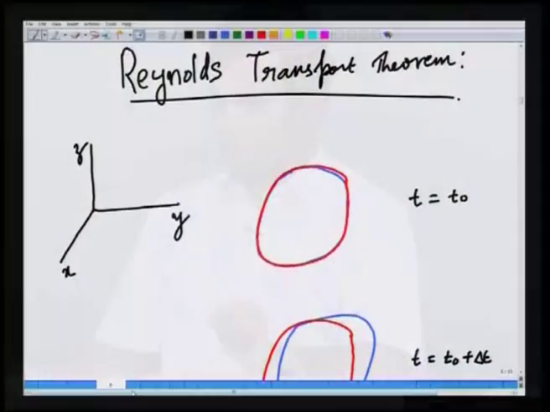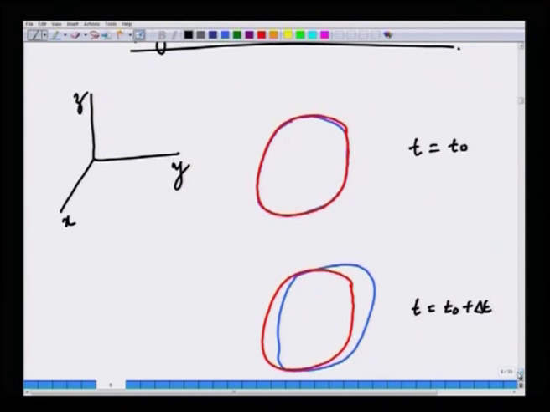In order to help visualizing, imagine that the system, or control mass, is denoted by blue color, while the control volume is denoted by red color.